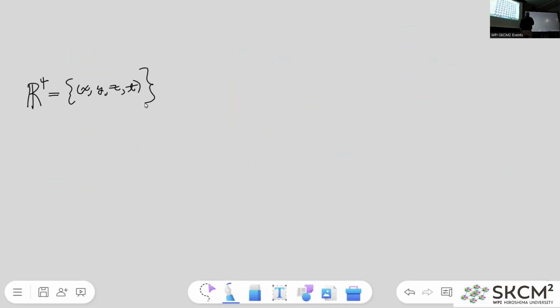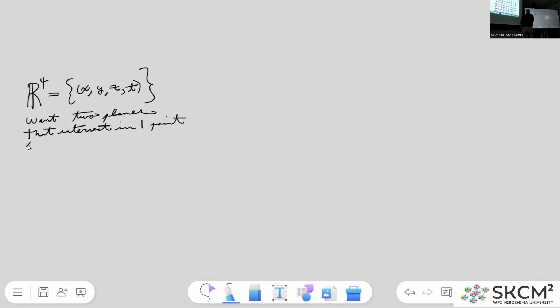So, I want the following: 2 planes that intersect in 1 point, like 2 lines intersecting in 1 point in R2.